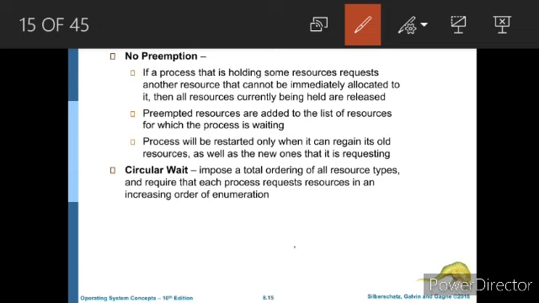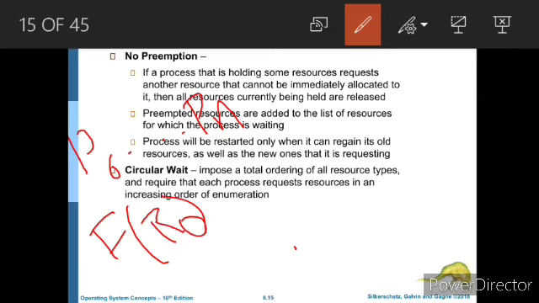Okay. But this condition means, consider there are n plus 1 processes P0 to Pn.